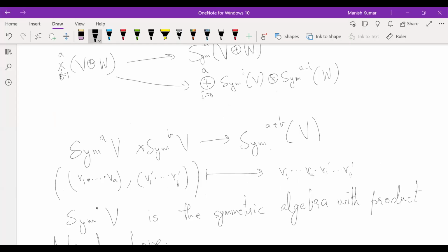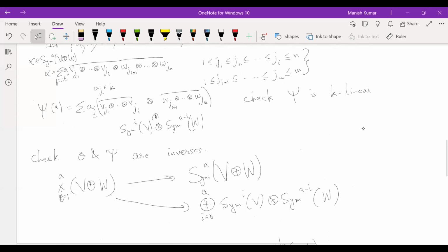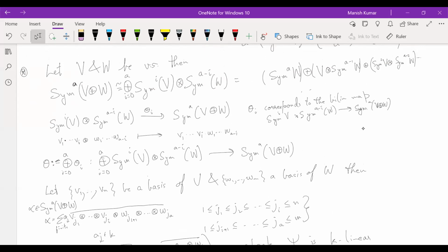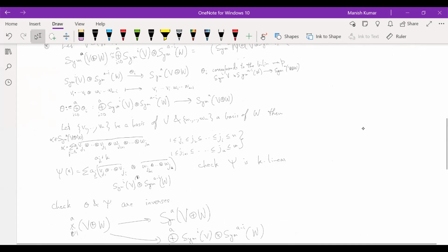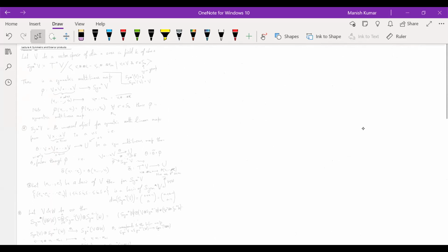As you can see, symmetric powers you can write as quotients of tensor powers, and we will show that you can think of them as something contained in the tensor powers as well.